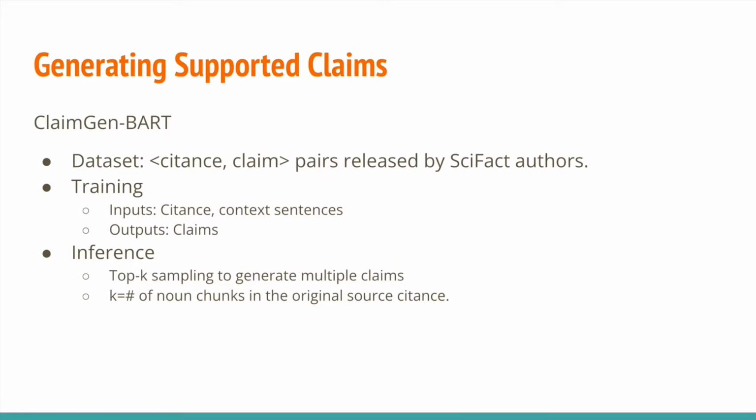By context sentences, they usually take one sentence before and one sentence after each citance, and the outputs are claims. So it's a simple, direct prediction model. But during inference, they perform top-K sampling to generate multiple claims. K equals the number of noun chunks in the original source citance, so they also use NER to find the number of these chunks.